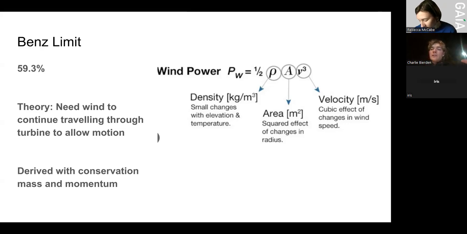But in order for the air to continue flowing through that area and make the turbine spin, there's a fairly simple derivation you can Google, and the maximum power that can be generated is 59.3%. So that's 59.3% of the power generated here, just as a frame of reference.